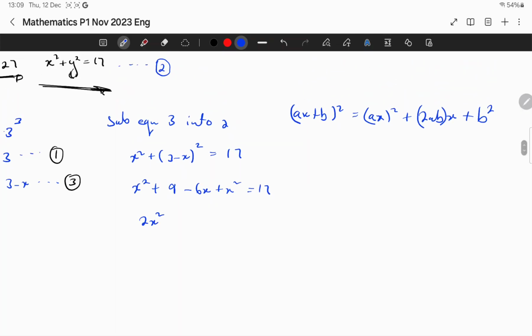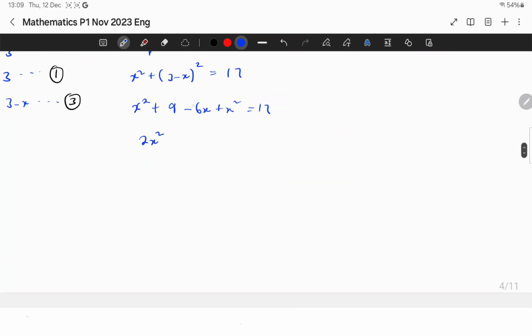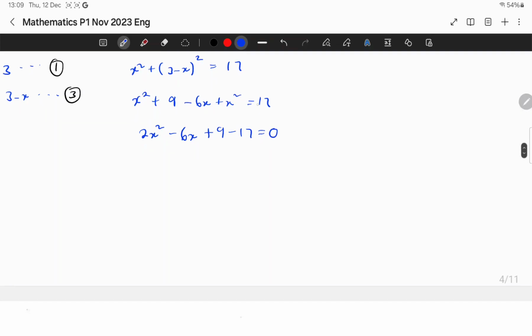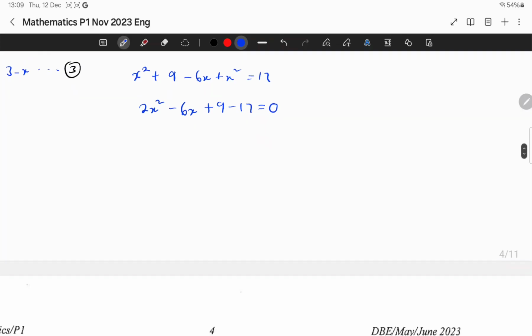Simplify further. 2x squared minus 6x plus 9 minus 17 is equal to 0. I subtract 17 from both sides of the equation, or you could simply think of it as moving 17 to the other side and changing the sign.